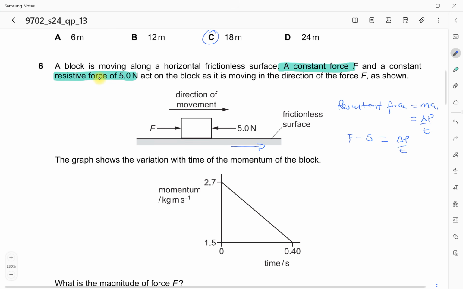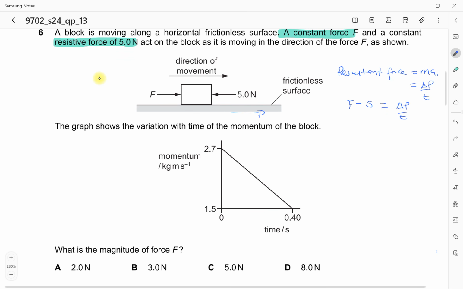The graph shows the variation with the time t of the momentum of the block. What is the magnitude of the momentum of the block? This is a graph of momentum against time, and the gradient gives us the resultant force.